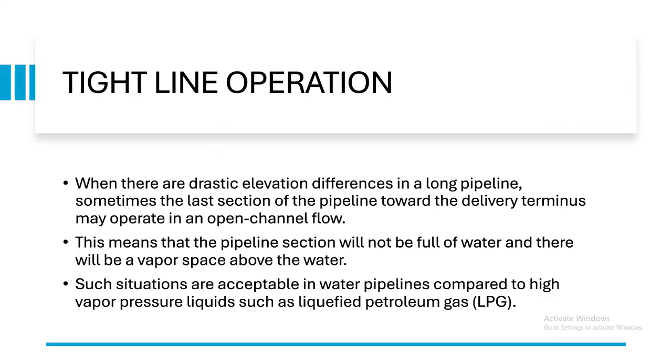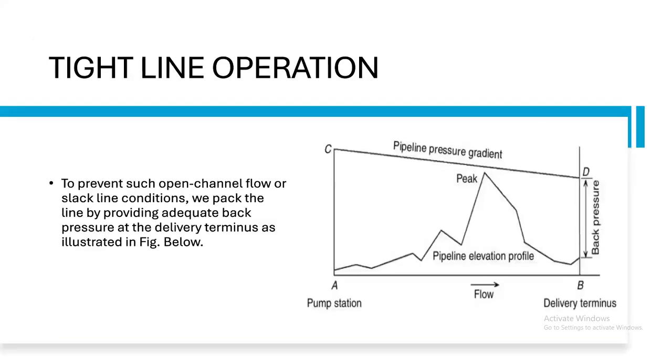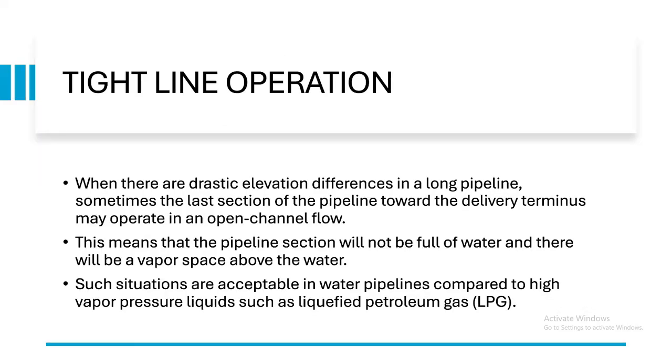Such situations are acceptable in water pipelines, compared to high vapor pressure liquids such as liquefied petroleum gas, because those are volatile, so it might cause fire hazards or a pipe burst. So we always try to make sure that our flowing pipes are in tight line operation, which means it flows fully.